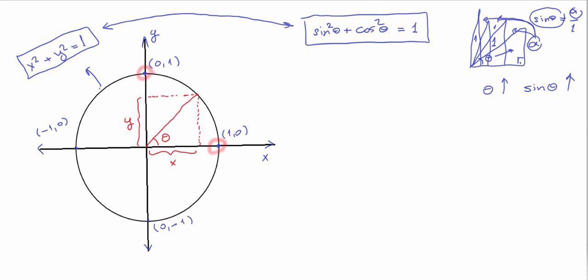So you can appreciate that when theta gets bigger, then y value is going to get bigger, because when theta goes close to 0, then y value goes to 0.